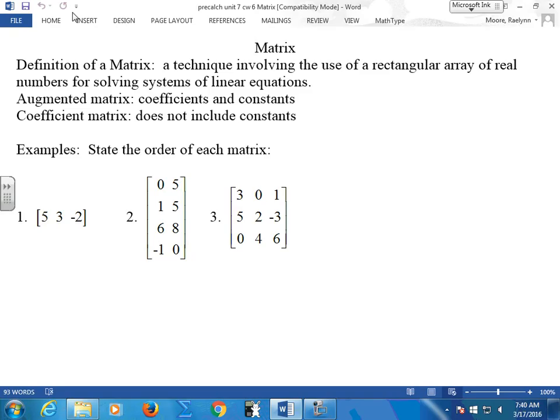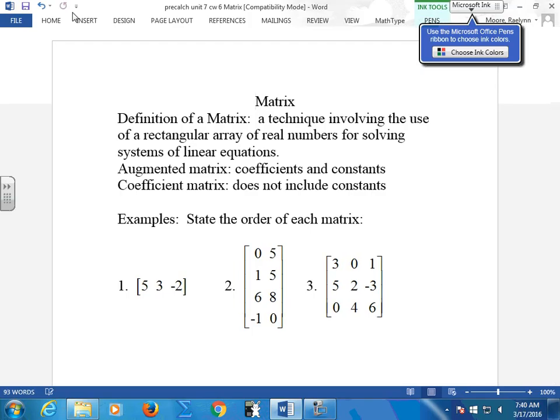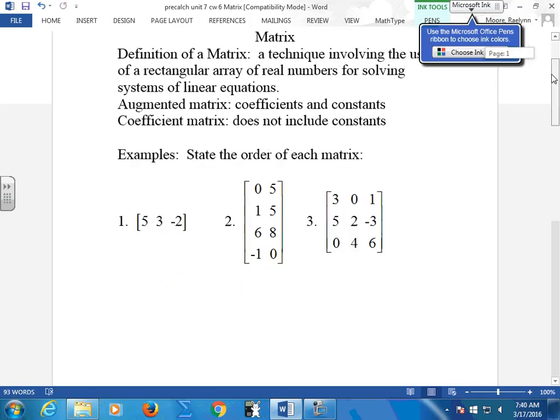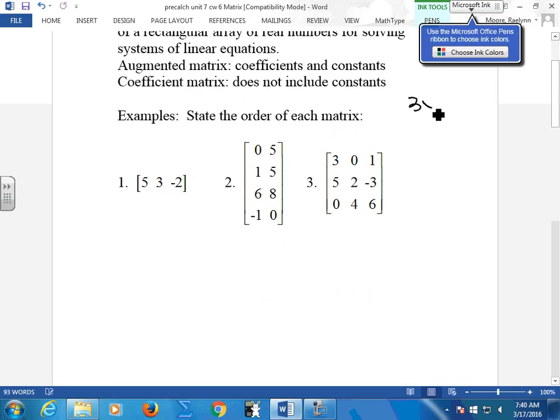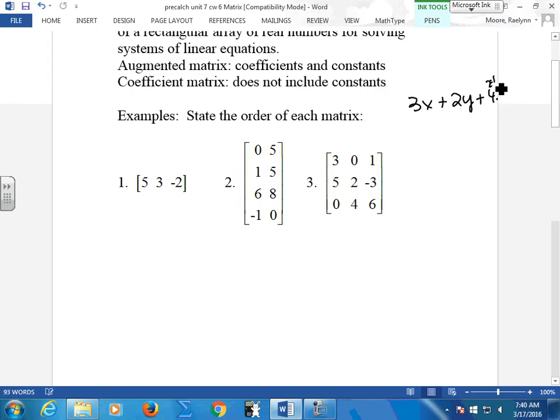So say I gave you something and it said 3x plus 2y plus 4z equals 1. Then I did 2x minus 3z equals 4.